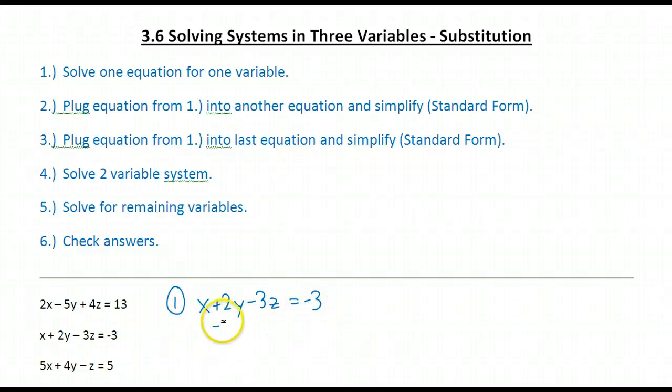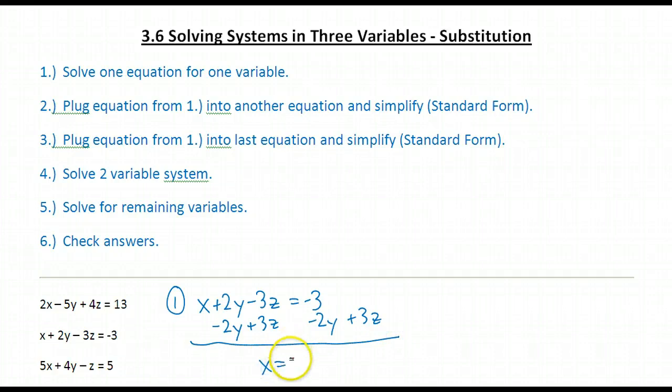So I'm going to take the second equation and solve for x by subtracting 2y and adding 3z to both sides of my equation. So I know that x equals -3 minus 2y plus 3z. So step 1 is done.